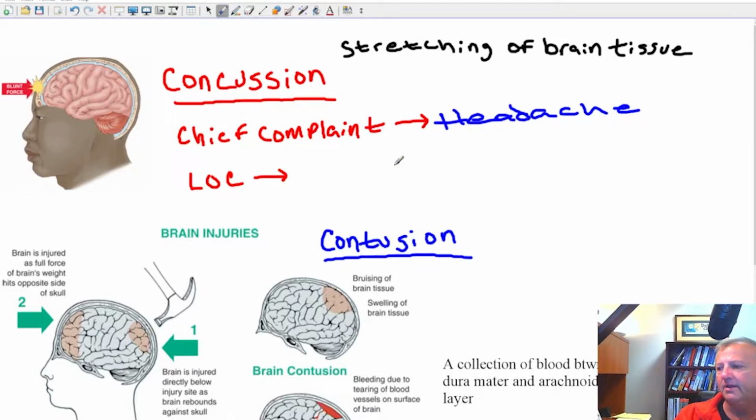Now, when we talk about the level of consciousness of a concussion patient, normally these will be patients that start off alert and oriented, usually times 4, and then they will begin to have a decrease in their level of consciousness.